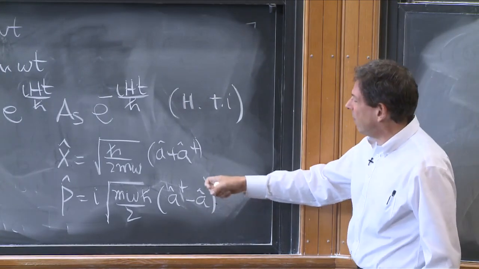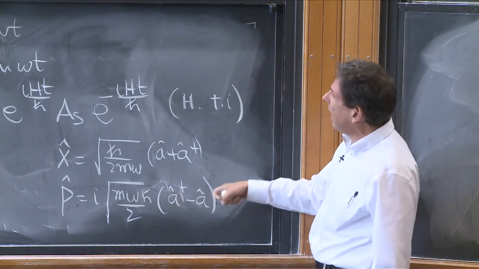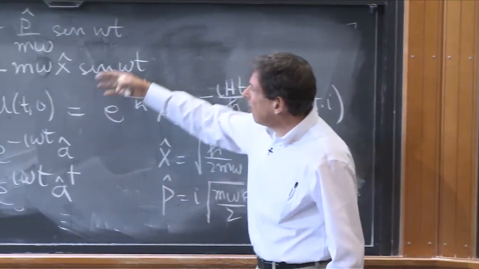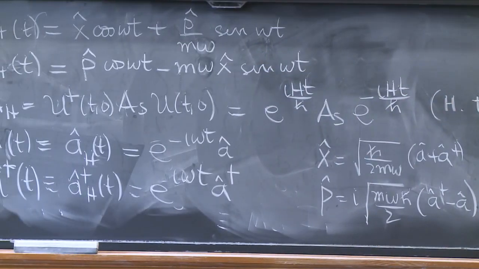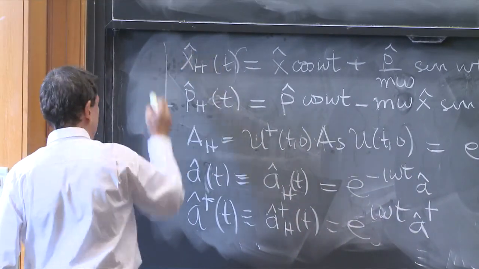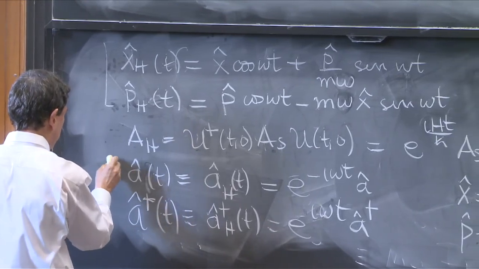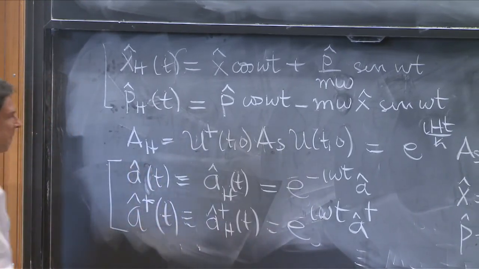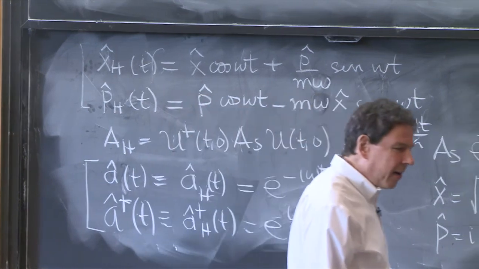And therefore, if you put P Heisenberg and use those values, you will recover this equation. So in a sense, these equations are equivalent to these ones. And that's basically our situation. This is what we've learned so far.